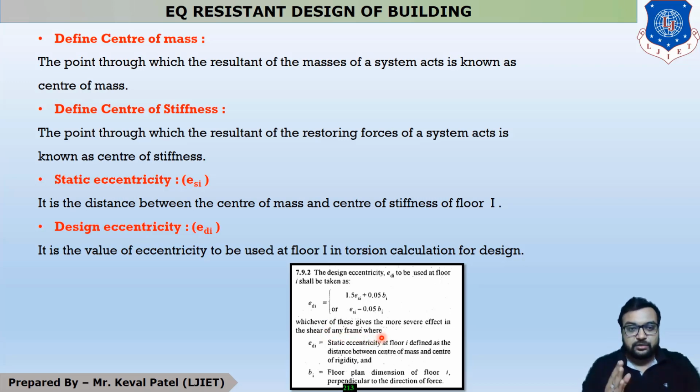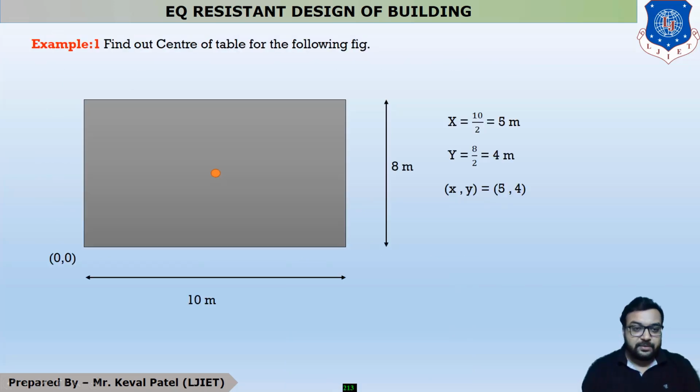So this is the definition of center of mass, center of stiffness, static eccentricity and design eccentricity. Now we have to start our first example in which there is uniform mass. You can see this is a uniform mass distribution because this is the plan of a table, in which there are no particular different masses, only a plain table.